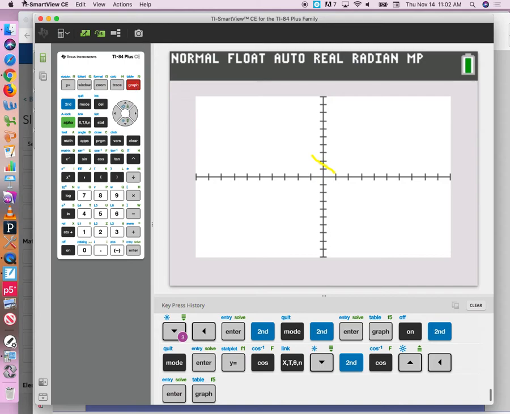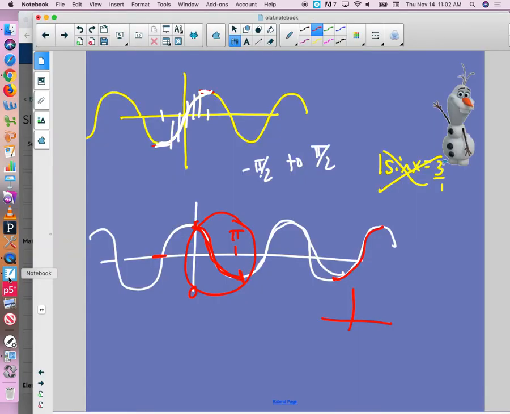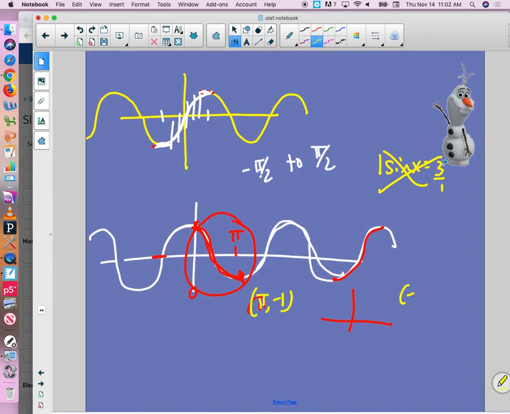That's because I'm looking at the cosine graph, trying to flip that over. So let's look at that for a minute. This point was pi, negative 1. So if I switch the x and y on the inverse, doesn't it become negative 1, pi? So if I graph the point negative 1, pi, I get something like this, and it comes down like that.